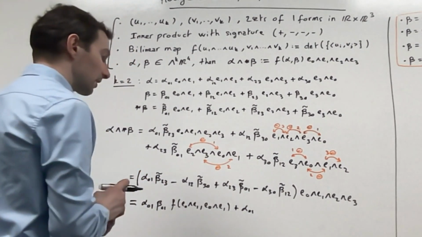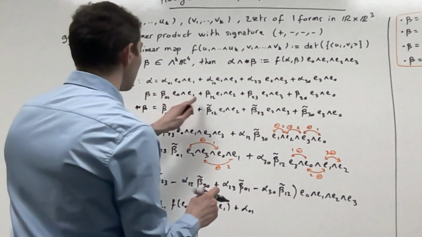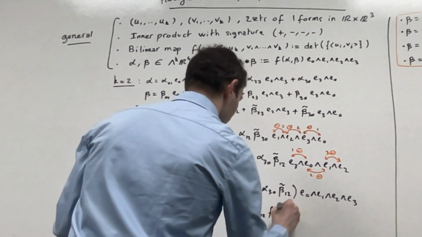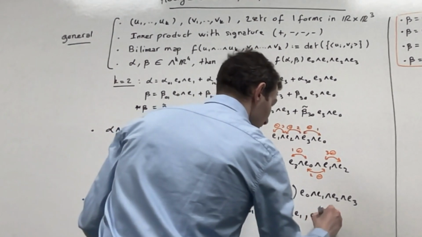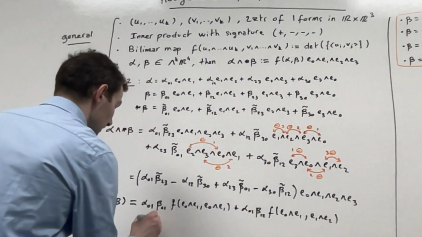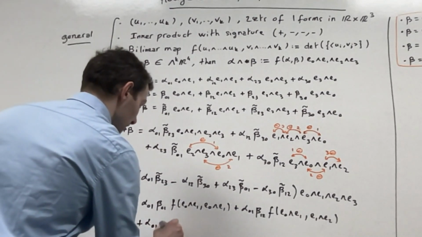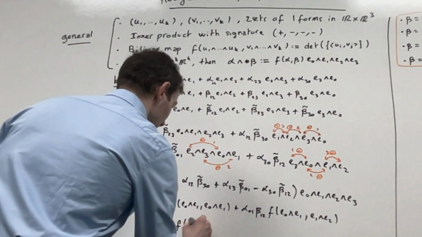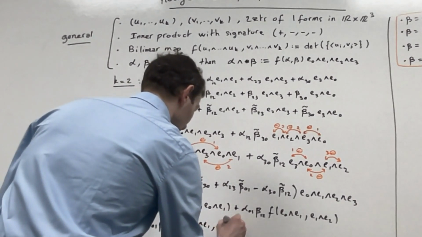out the matrix here. So alpha 0, 1 here, and then beta 1, 2, and then f of E0, E1, and then E1, E2, and then plus alpha 0, 1, and then beta 2, 3, and then f of E0, E1, and then E2, E3.